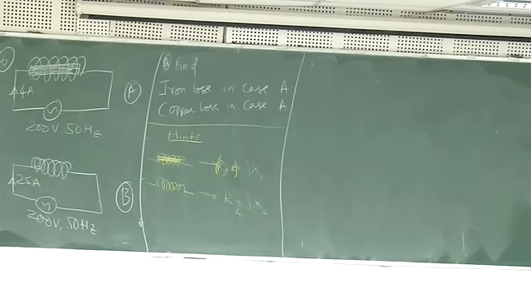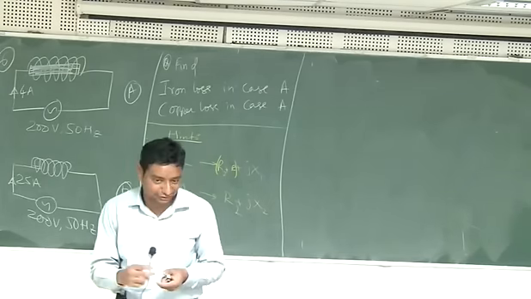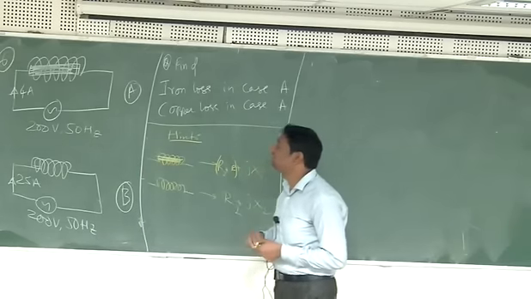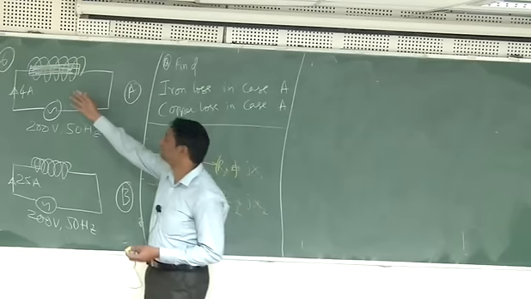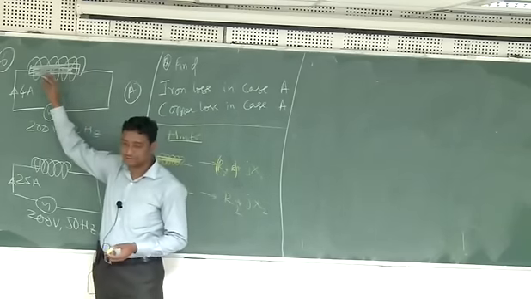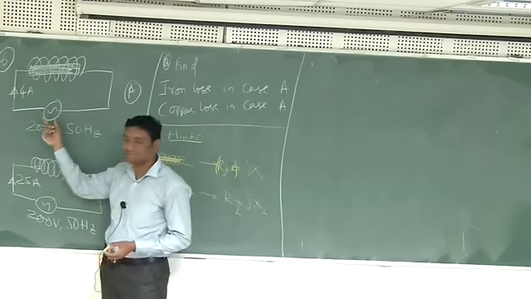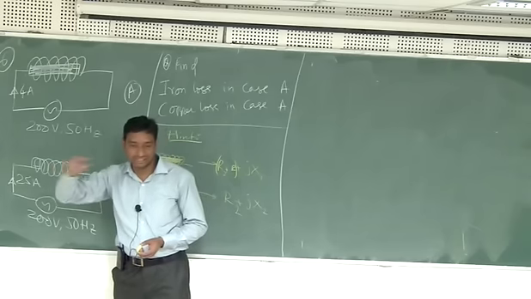I'll answer that. The question is, why should R change? Why not maintain the same R? It is only a trick that we are using for representing the losses in the iron core. If I put the iron core in the AC circuit, there is a positive cycle, a negative cycle, a positive cycle, a negative cycle.